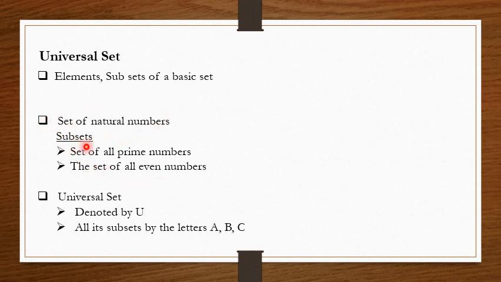Here, the set of all natural numbers is said to be the universal set. Usually, we denote the universal set by U and subsets by the letters A, B, C, etc.